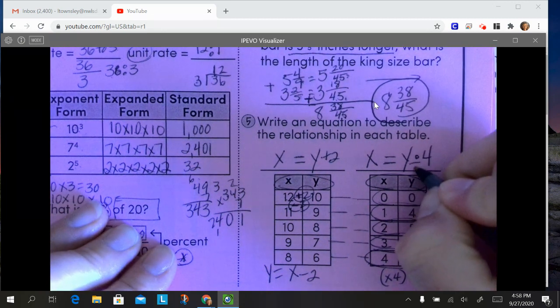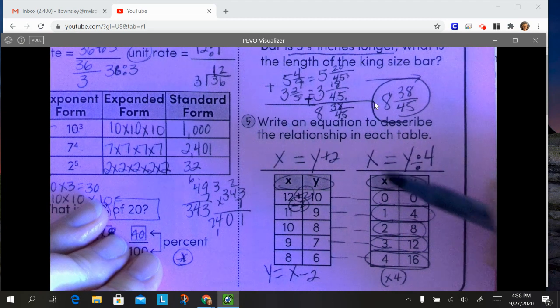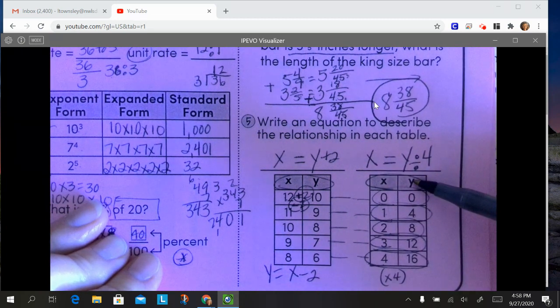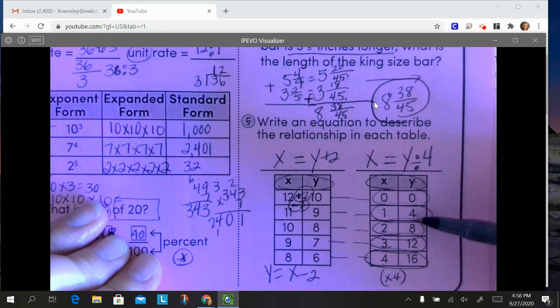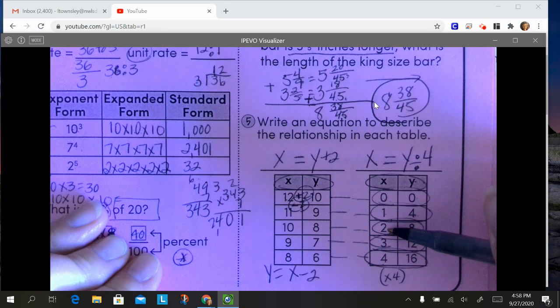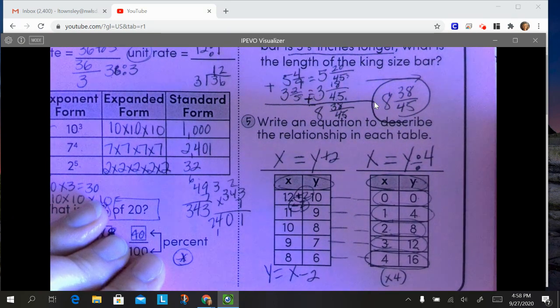I think it's actually divided by. Look, X is equal to Y divided by 4. Would that work? Well, Y divided by 4, that would work there. If it's Y, 4 divided by 4 would then give me 1. 8 divided by 4 would give me 2, right? 12 divided by 4 would give me 3, so all those do become true.